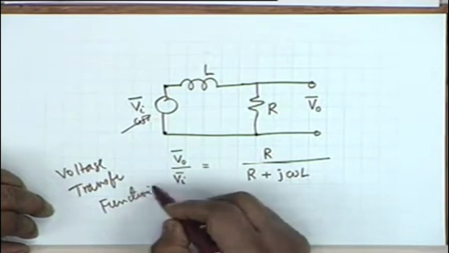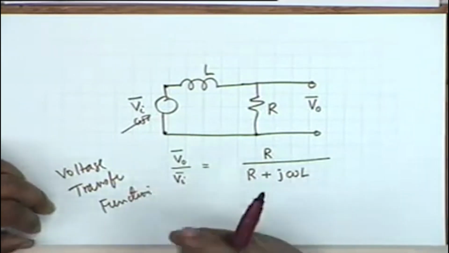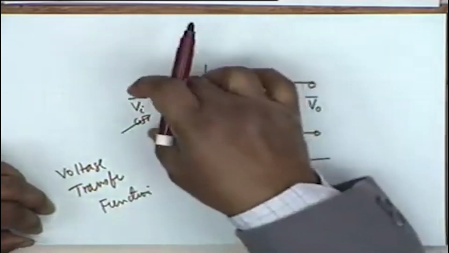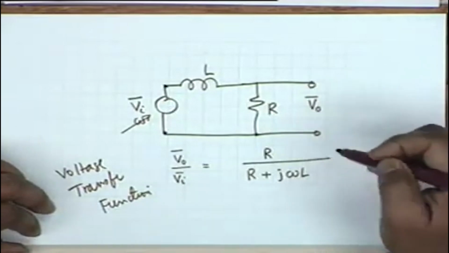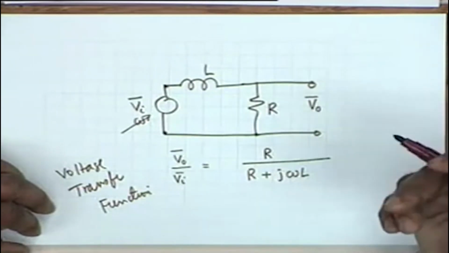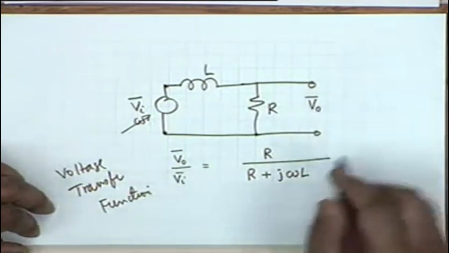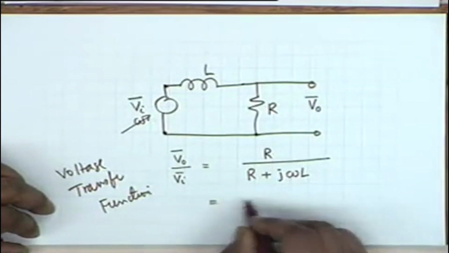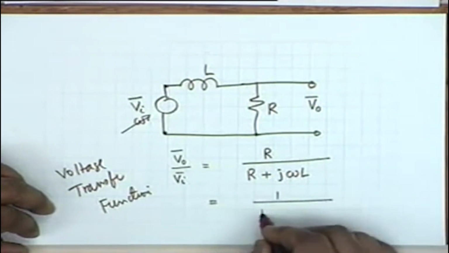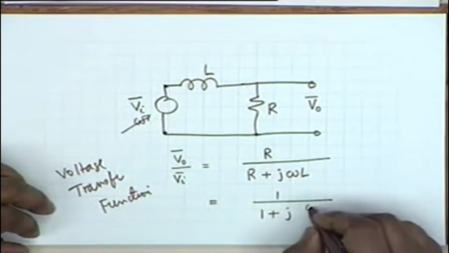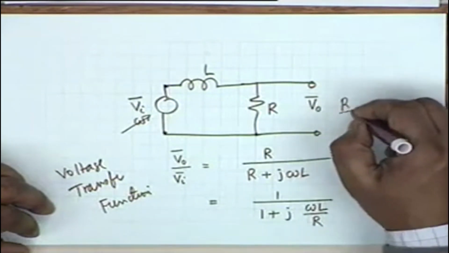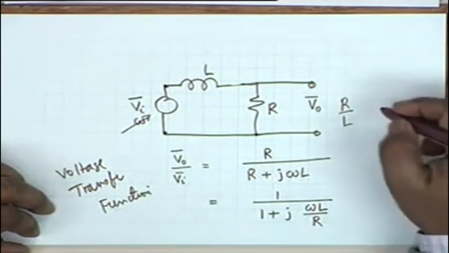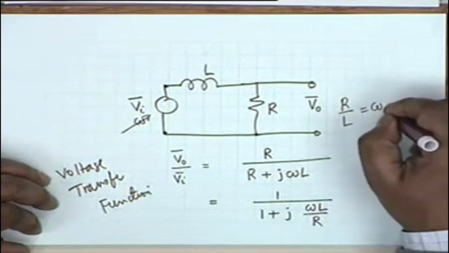Is this term clear? The voltage transfer function is being transferred from one point to another, and what we want to do at the output is to retain certain frequencies and reject others. Now if you look at this expression, I can write this as 1 plus j omega L by R. Let R by L be equal to omega 0.